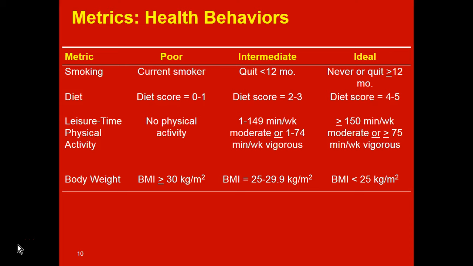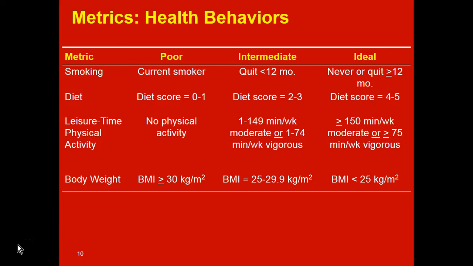Now, several of the components are based on regular guideline levels. So for physical activity, no physical activity is considered poor, and the intermediate level is some physical activity but not the recommended levels, and the ideal levels of physical activity are based on the physical activity recommendations for all Americans.